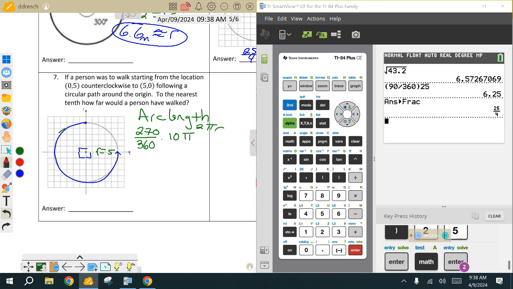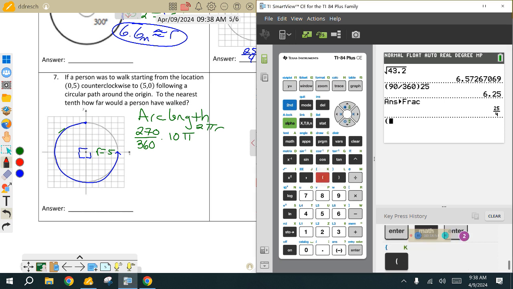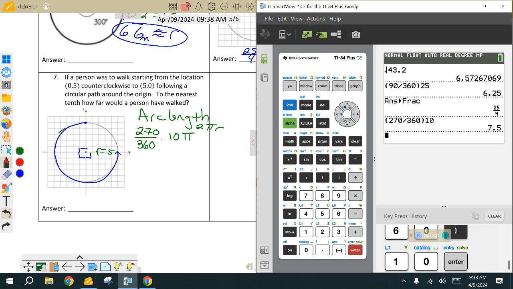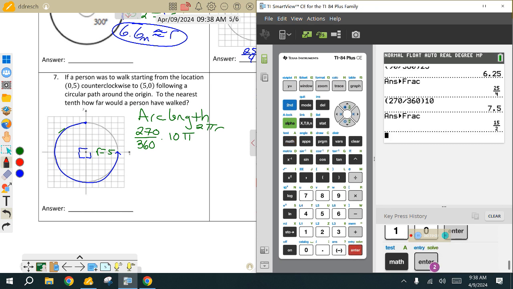So those are the silly mistakes. I'm going to say it's silly, it's just things to watch out for. 3 fourths, 270 out of 360 times, what is it, 10? 7.5. Math it out, fraction it out. 15 halves. Oh, no, 15 halves is fine.